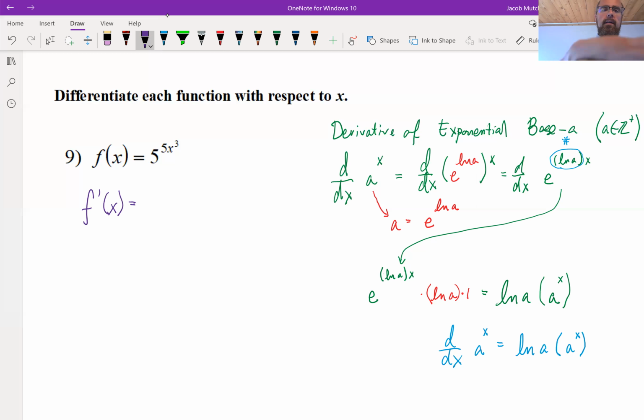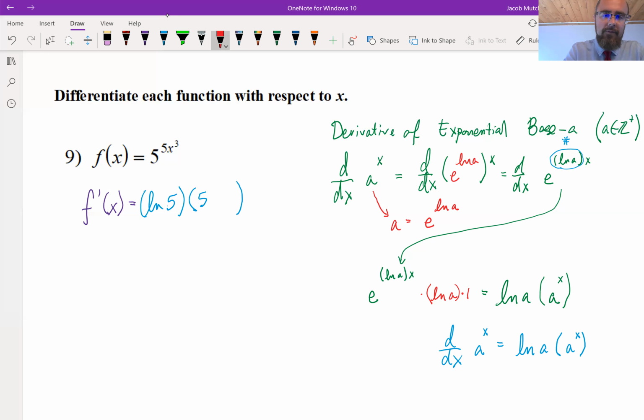So it's going to be the natural log of 5 times the original, which is 5 to the power of 5x cubed. But then I need to take the derivative of 5x cubed, because if you're thinking chain rule, that's my composed function, my g of x.